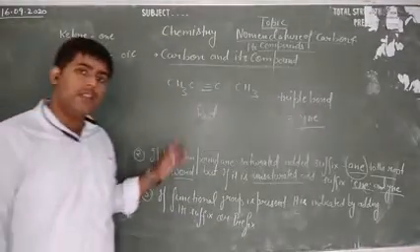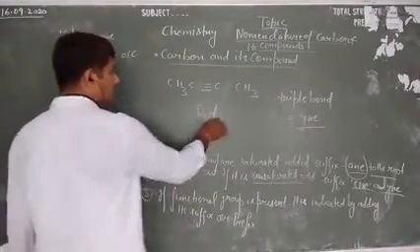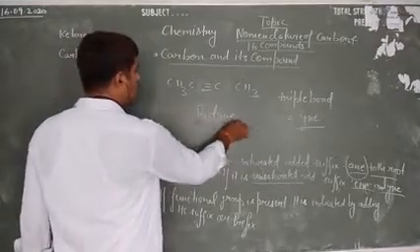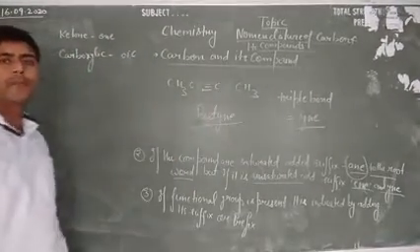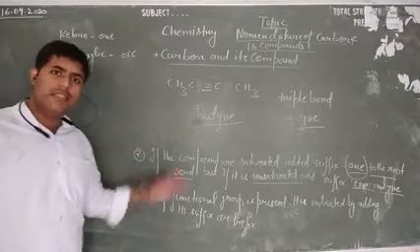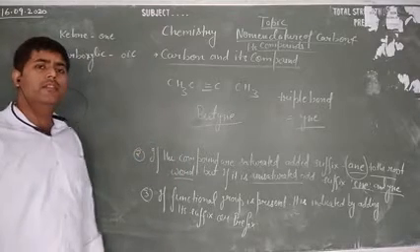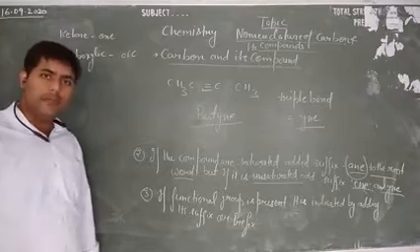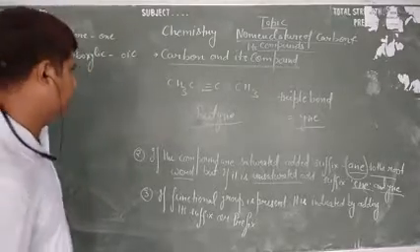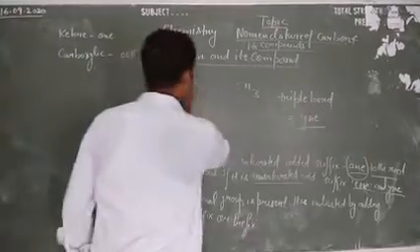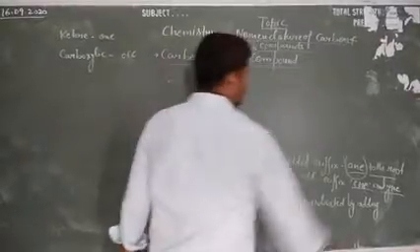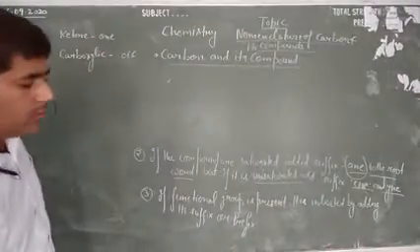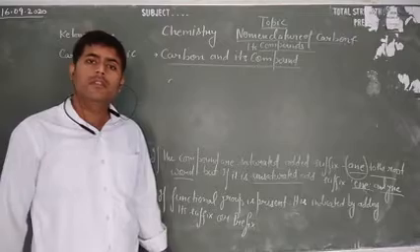So we add the suffix -yne. So what is the name of this compound? Butyne. Okay, so in this way we give the name of a carbon compound.